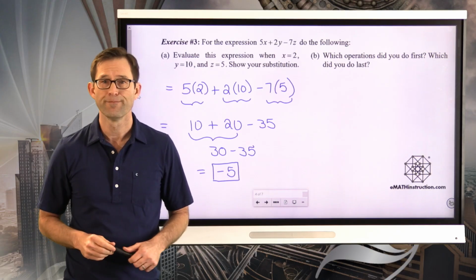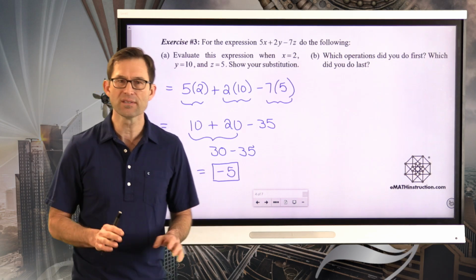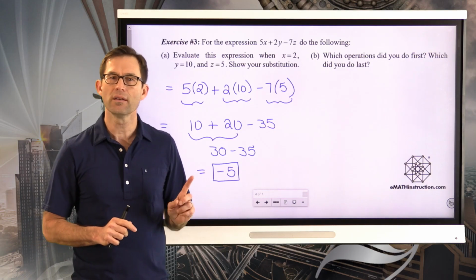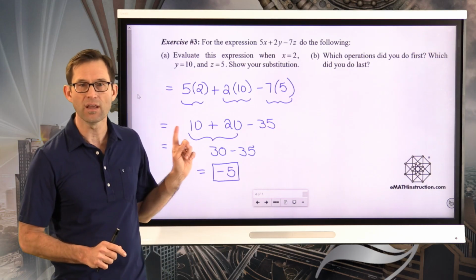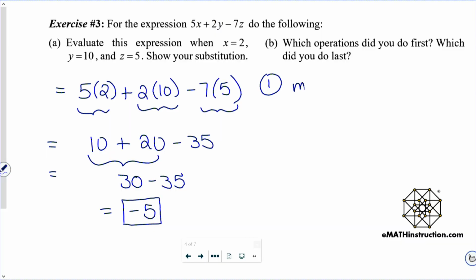Now, letter B. Which operations did you do first, and which did you do last? Well, let's talk about this, because this is actually the big point of this one. It's not really to get the value. It's this idea that what we did first in each case was the multiplication, right? That was what came first.